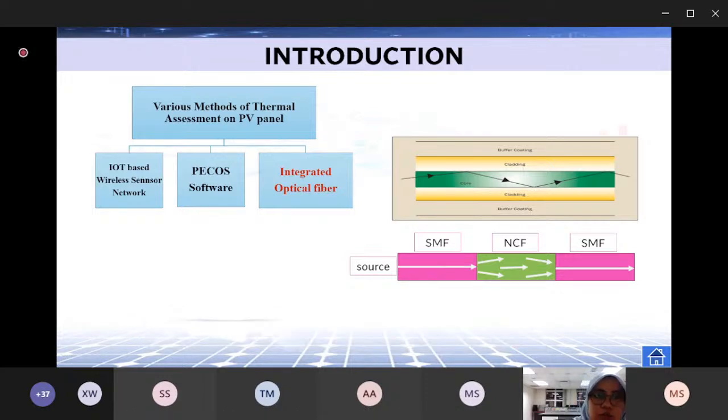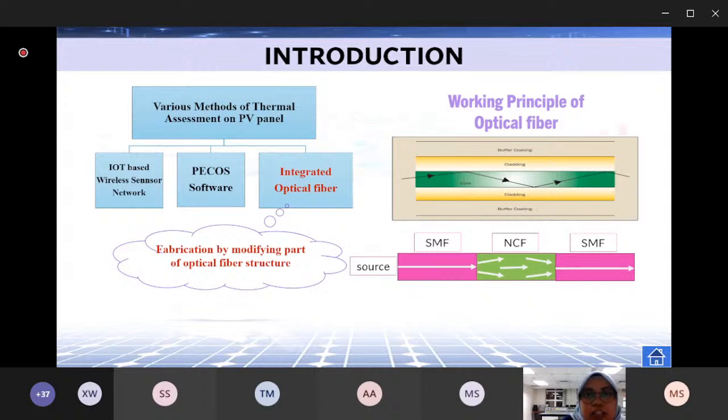Both the IoT-based wireless sensor network and Pico software are two common, or more likely similar, mediums where we need to utilize more sensors on the PV panel, and they also require quite high cost for the sensor probe itself and the system needed in order to generate the results.